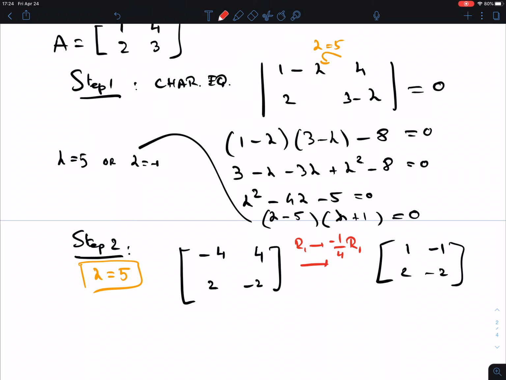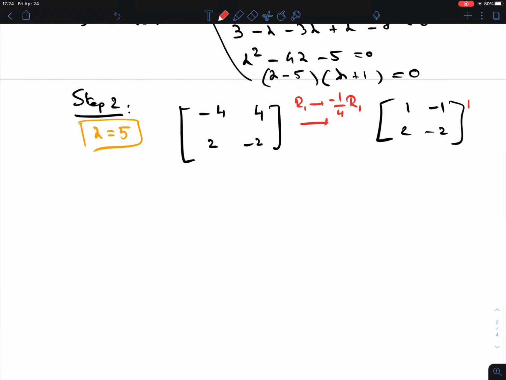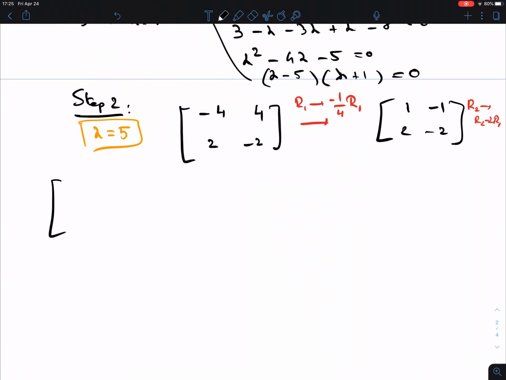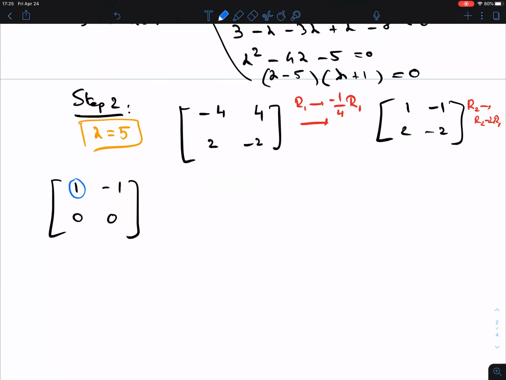Then I'm going to do row 2, replace that by row 2 minus 2 times row 1. So I get 1 minus 1, 0, 0, right? So we have our pivot, we are in reduced echelon form.